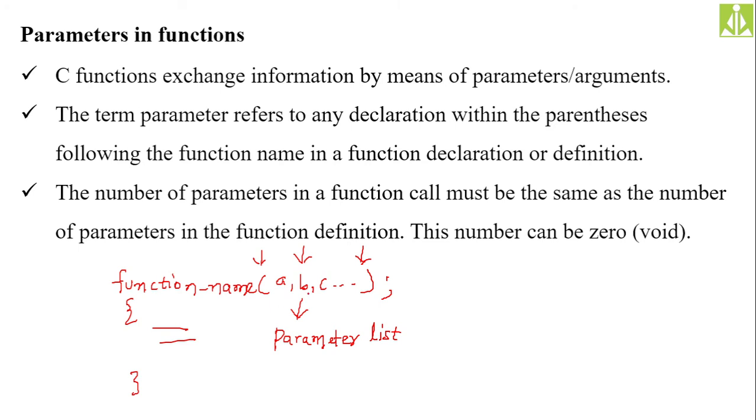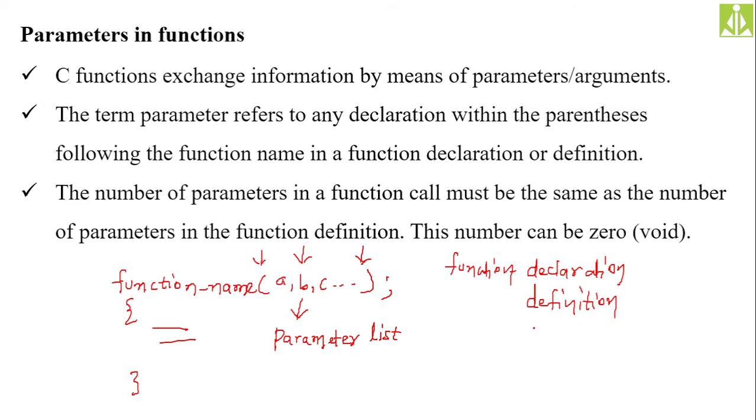The number of parameters in the function call must be the same as the number of parameters in the function definition. This number can also be 0. So how many parameters you take for a function, the count should be the same for function declaration, definition and function call.